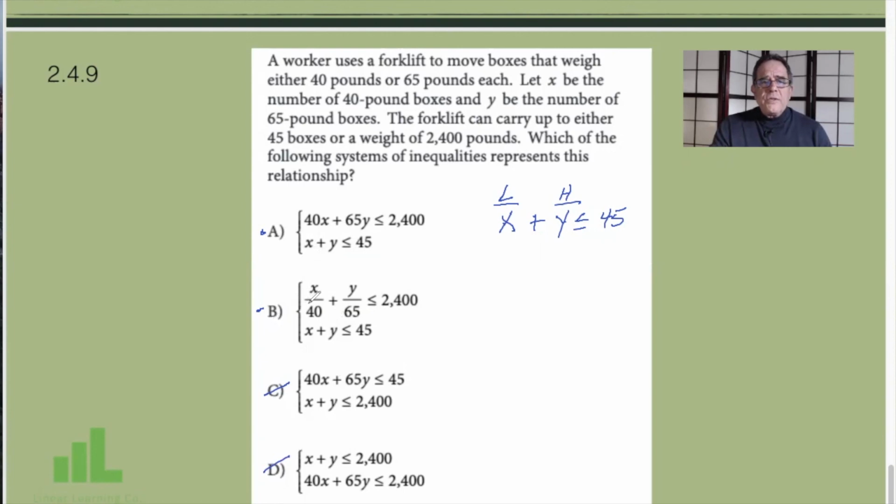Now the only question is, which one expresses the weight times the number of boxes? Oh, that would be 40 pounds times the number of light boxes plus 65 pounds times the number of heavy boxes. We don't have to go any farther. A is clearly our answer because this is what expresses our situation.